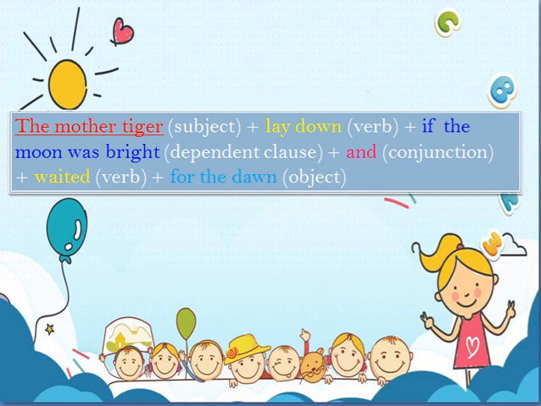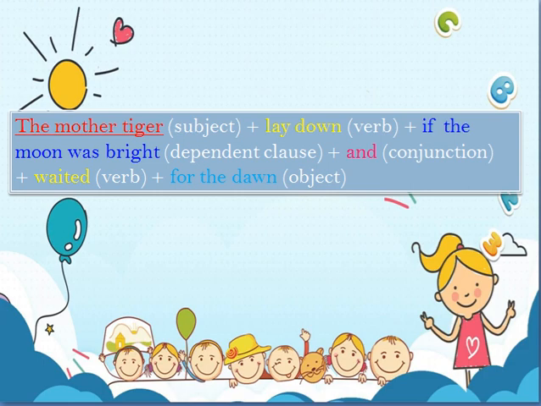We could have written the sentence like this: the mother tiger lay down if the moon was bright, and the mother tiger waited for the dawn. This could have made things easier, but it would sound very monotonous and very boring. Okay, so the subject is the same for both the parts. That is why the subject has been written once.